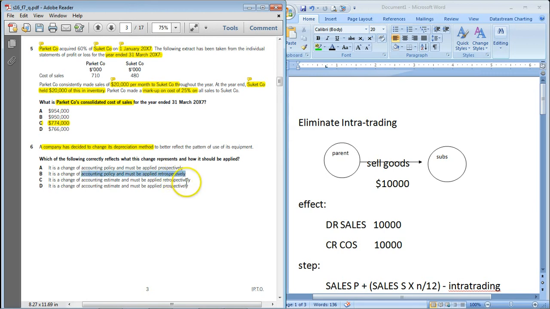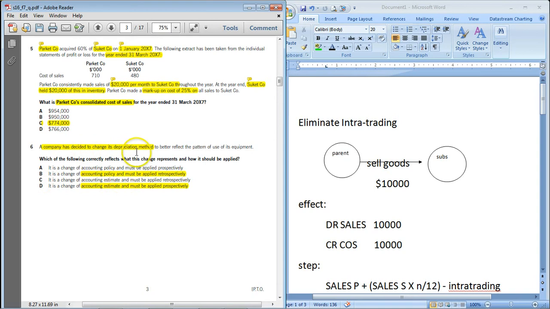Another one is accounting estimate cannot be retrospective. Accounting estimate is prospective only. So this is the way I eliminate my wrong answers. A is wrong, C is wrong as well.